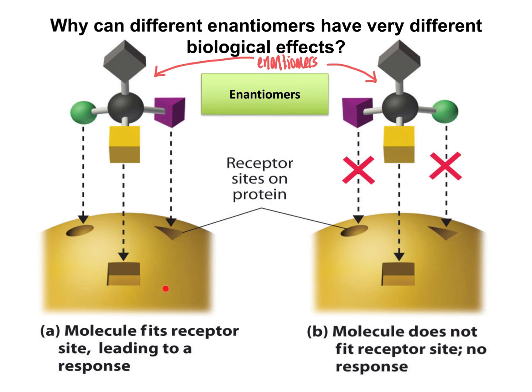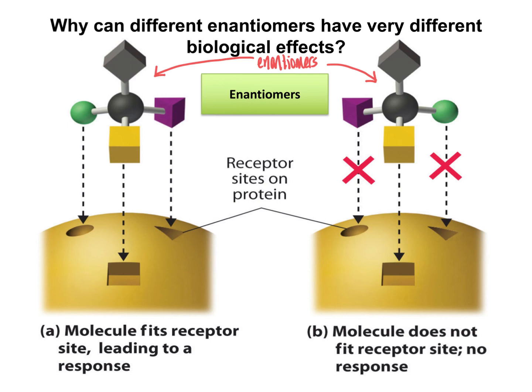And so it fits perfectly, therefore leading to a biological response, such as the protein is inhibited or the protein is activated, leading to a reduction in pain or whatever the intended biological impact is of that drug. On the other hand, the enantiomer would lack the ability to bind to this particular receptor site on the protein, and hence it would not have that biological effect.